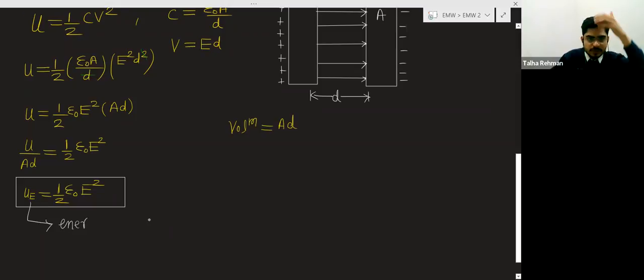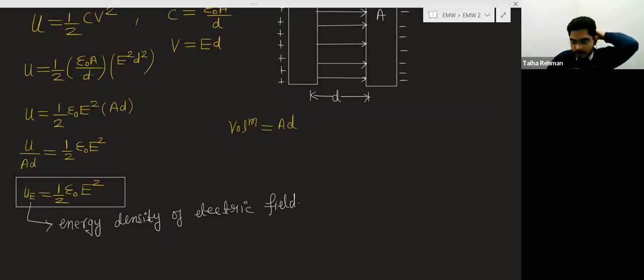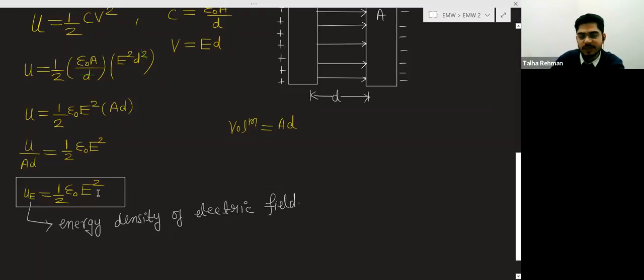What is this? This is the energy density of electric field. But here, this electric field, we have seen the equation of the electric field.